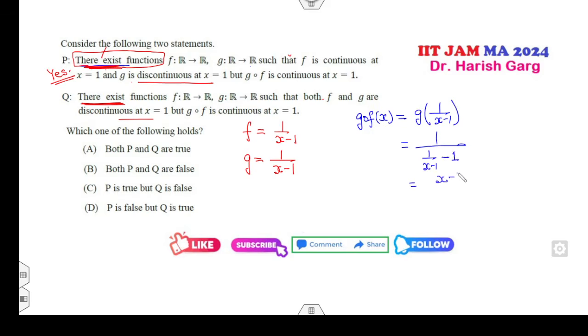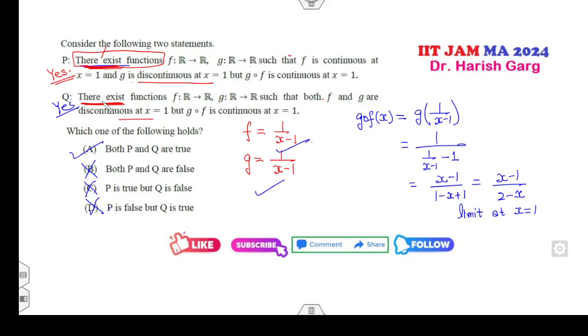So that will be x minus 1 divided by 1 minus x plus 1. That is x minus 1 over, and clearly the limit exists at x equal to 1. Yes, the two functions exist. So that means P and Q, both A and B, are correct statements of the problem.